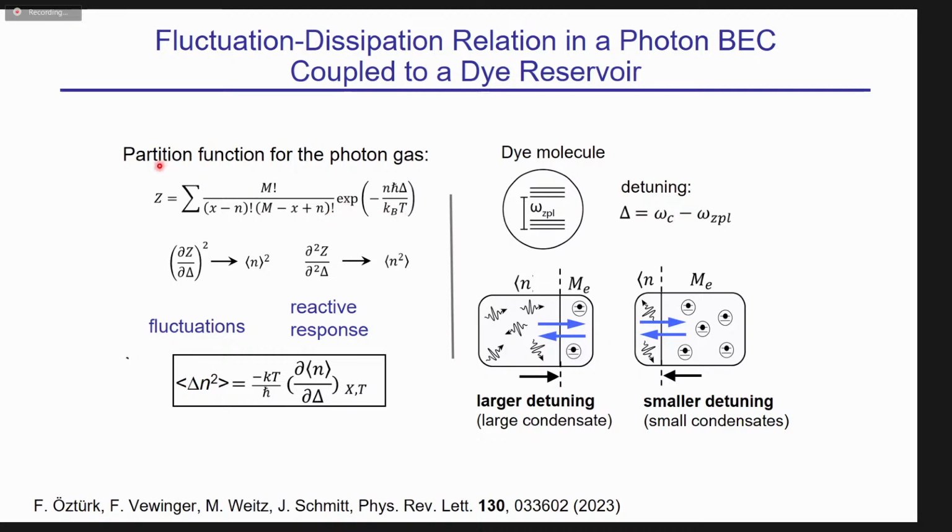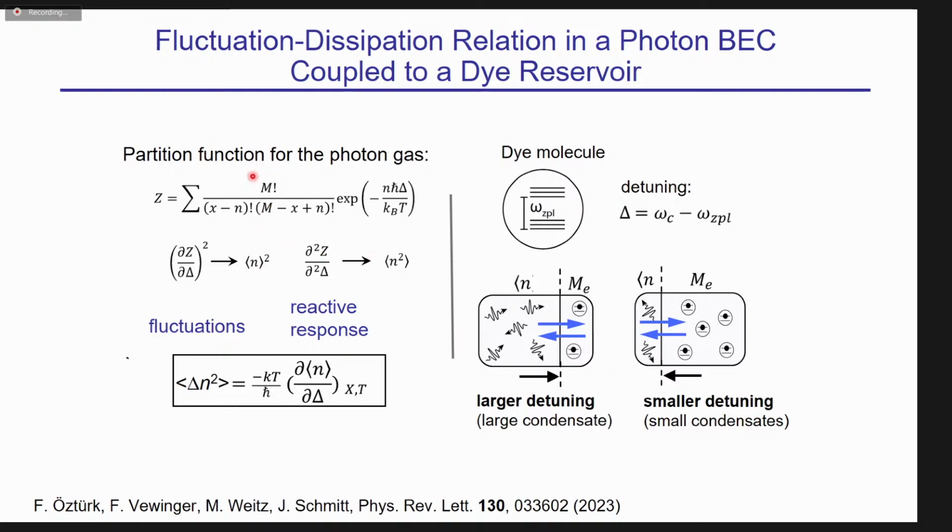To derive a corresponding relation, we take the partition function for the photon gas and take the derivative with respect to the dye cavity detuning, the detuning between our low frequency cutoff and the vibrational phonon line of the dye. The first order derivative gives the average particle number, and the second gives the fluctuations.